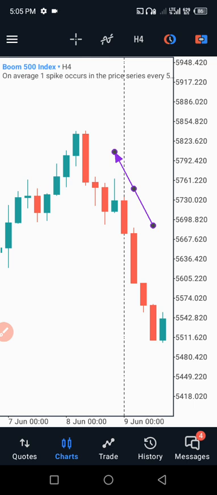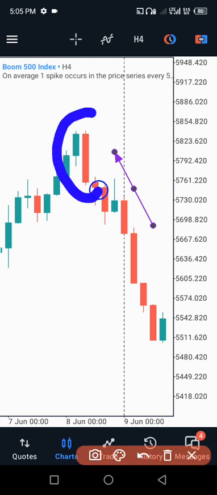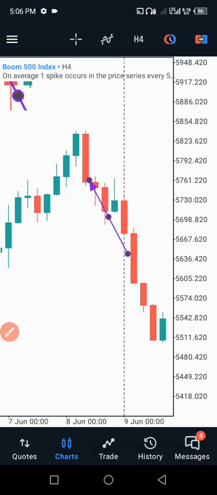For example, when we see something like this here, this particular red candlestick covering the whole of this particular candlestick here, we can say that this is an engulfing candlestick pattern. It means that this particular red or bearish candle was able to cover this bullish candle.